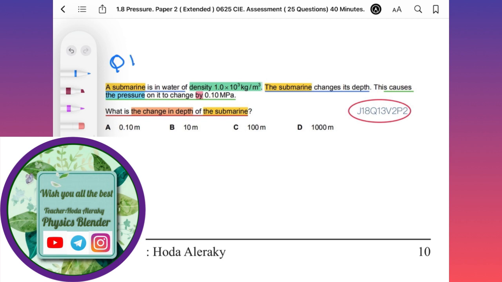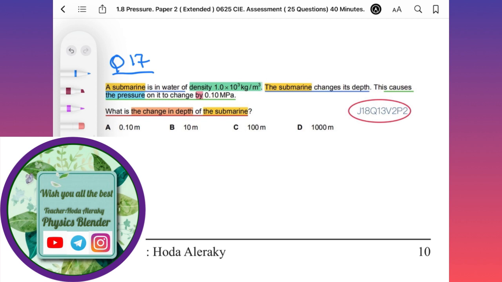Question 17. A submarine is in water of density 1 times 10 to the power of 3 kilogram per cubic meter. The submarine changes its depth and the pressure will be changed by 1 megapascal. What is the change in depth of the submarine?